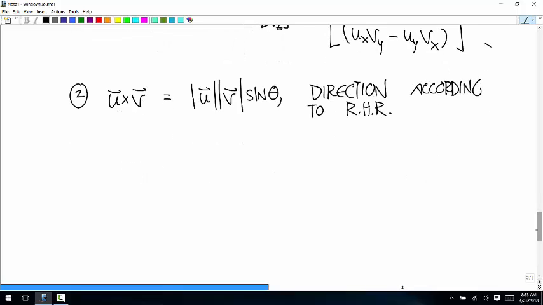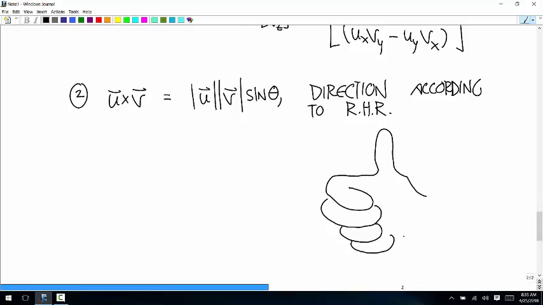The right-hand rule is just saying that the direction is going to be opposite to the other direction. So the right-hand rule always is a relationship between a rotation and a vector that's perpendicular to the plane of that rotation. Okay.